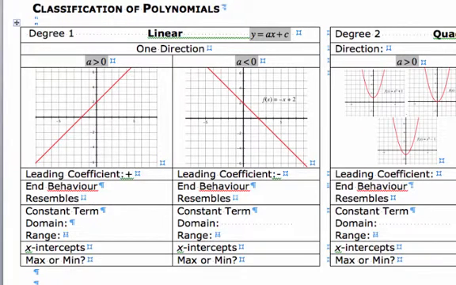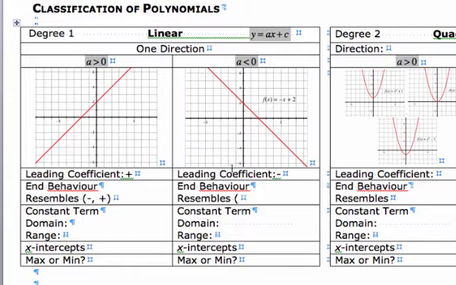End behavior. Okay, so in this first one here, when we look here on the negative side, as x approaches negative infinity, our function is also negative. As we follow the function to the right, or to where x becomes positive infinity, our function is positive. So we have a negative, positive end behavior.